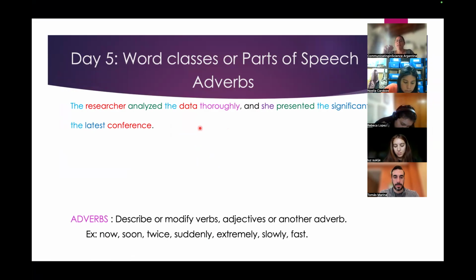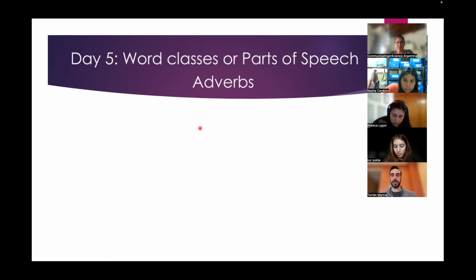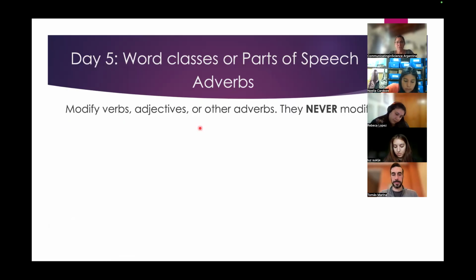Twice, suddenly, extremely, slowly, fast. They all describe when, how, why something is done, como algo es hecho. And they never modify nouns. Never, never, never. If there is a word that is modifying a noun, it's most likely an adjective, not an adverb.